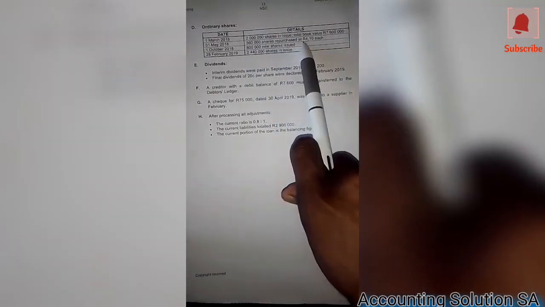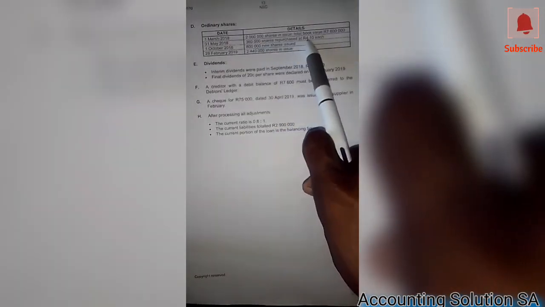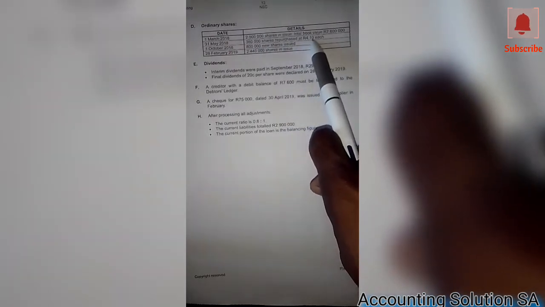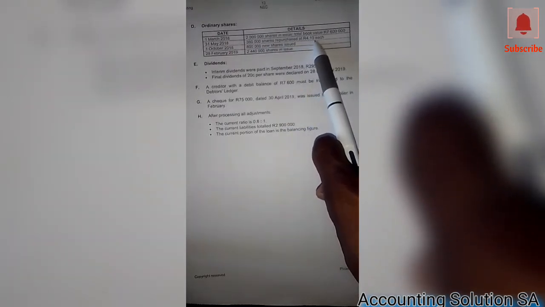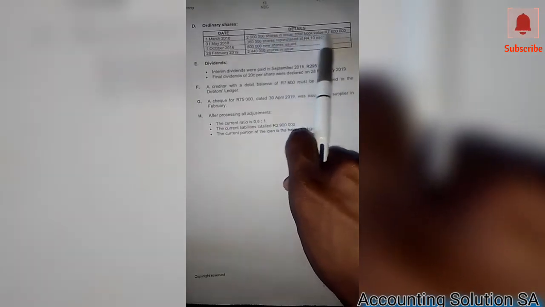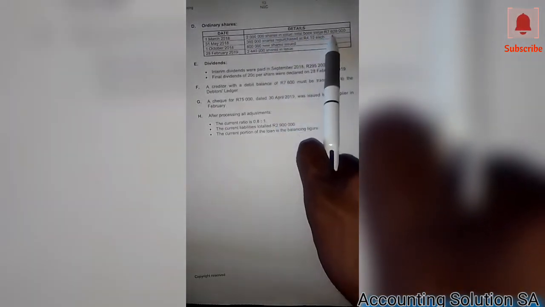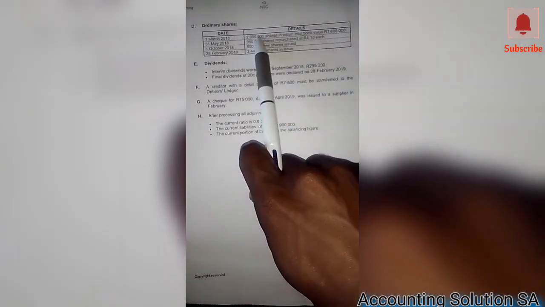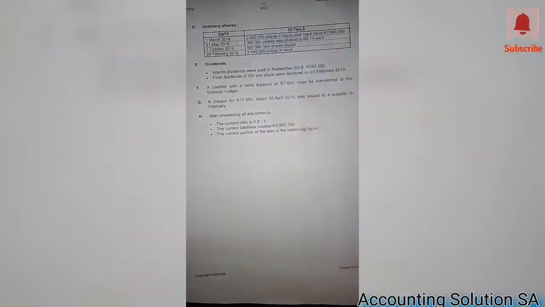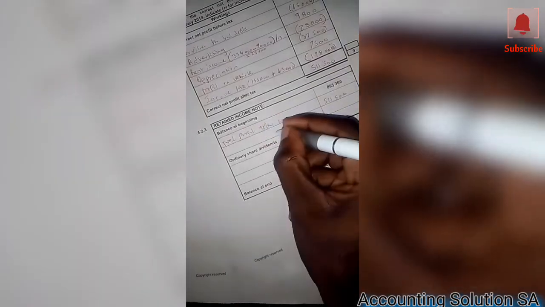Remember, these shares were repurchased at R4.10 each. We have to determine how much it was costing this year. We have to say 7.6 million divided by 2 million. Then you're going to get the amount of 3.80.